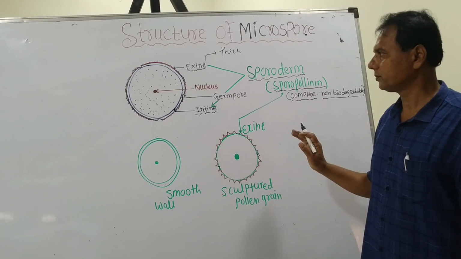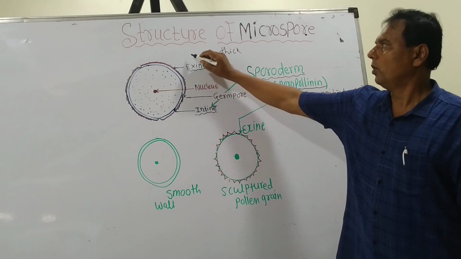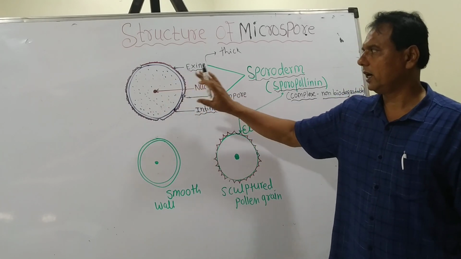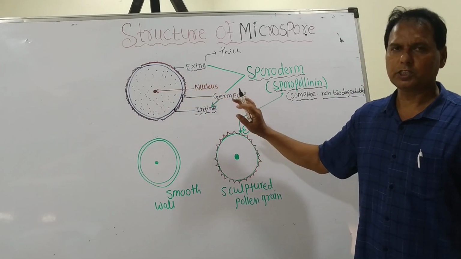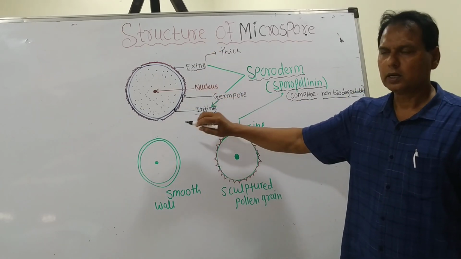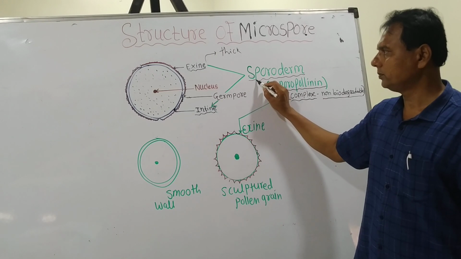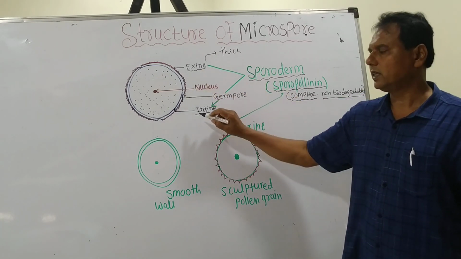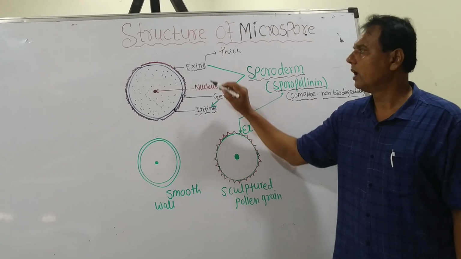Remember this: pollen grain means a non-motile, unicellular, uninucleated haploid structure. That is the first point. Second point, it is surrounded by two layers called the sporoderm. The names of the two layers: the first is called exine, the second is called intine. How is the exine?